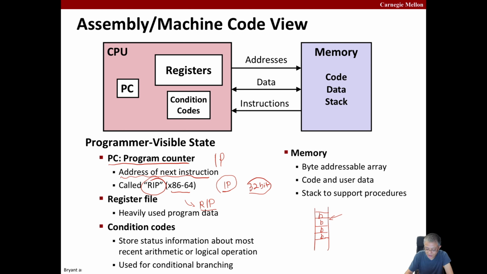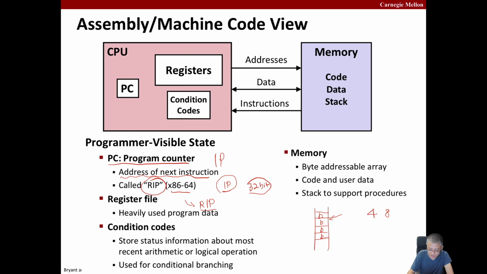You can also access the data in 4 bytes or 8 bytes, right? The code and the data are actually all stored together in the memory. This is the von Neumann architecture, right? You store the code and the user data in the same memory. It's not the Harvard architecture.